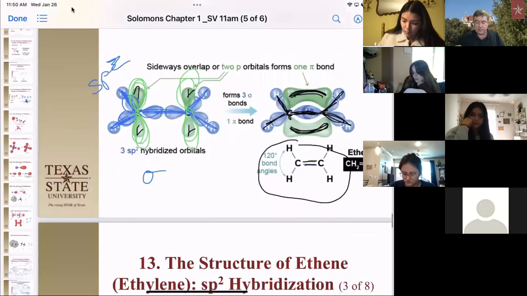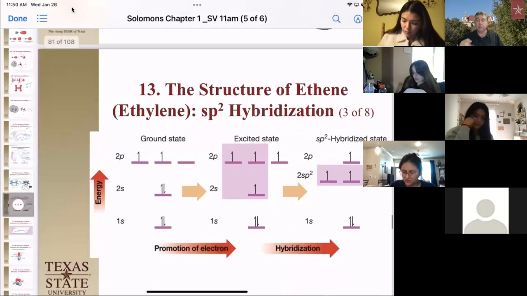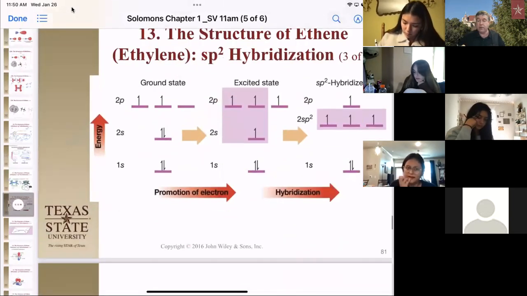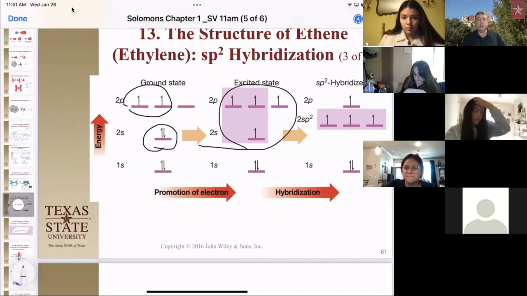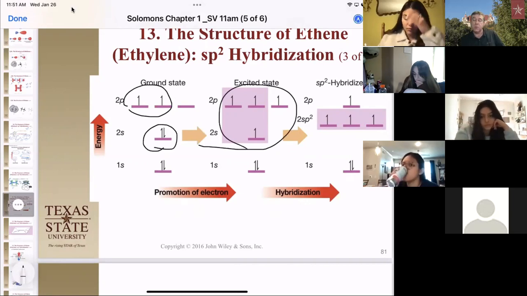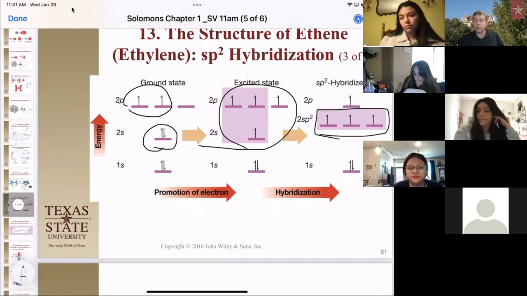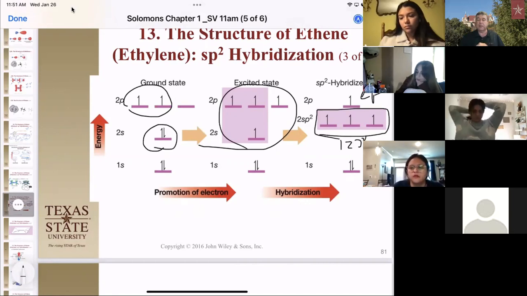Well, let's see about changing our hybridization structure, right? So instead of going from our ground state where we have just our 2 electrons here and our 3 electrons here, let's move it so we have all of our electrons spread out among those orbitals. And then we're going to move the energy such that we get our sp2, 3 of them, which are 120 degrees apart, and then our p orbital here by itself, which creates that overlap.